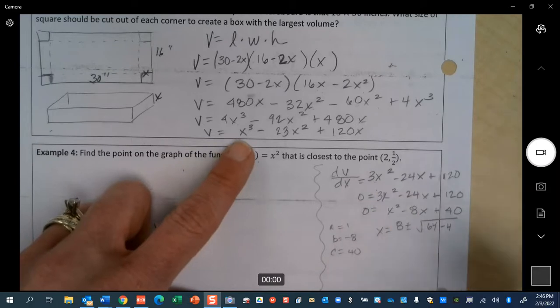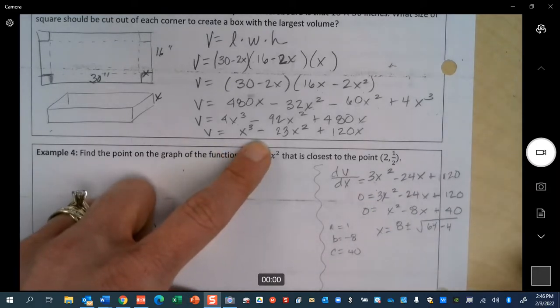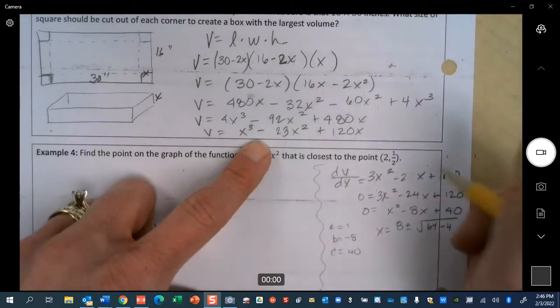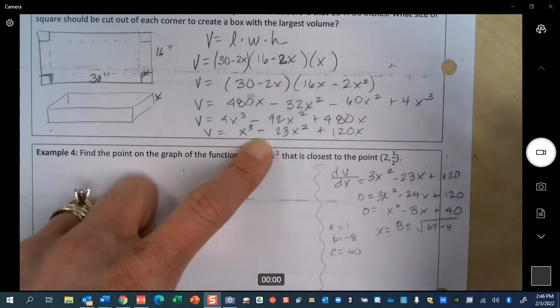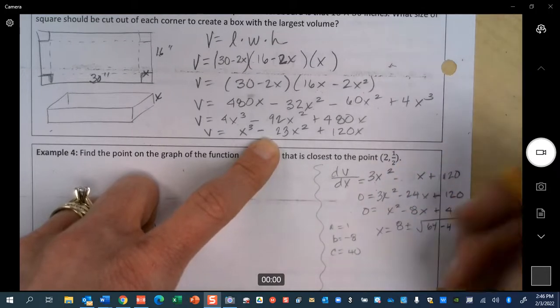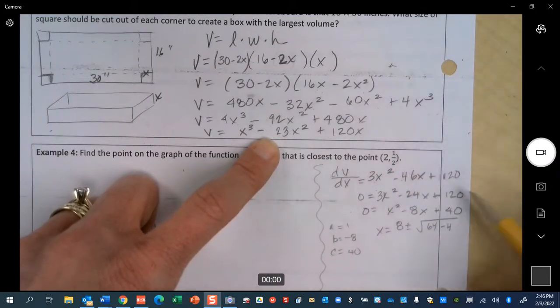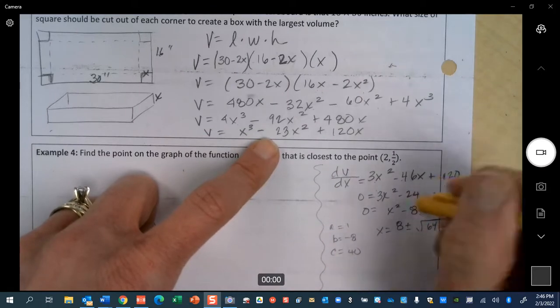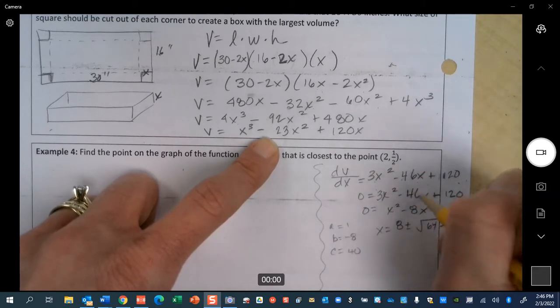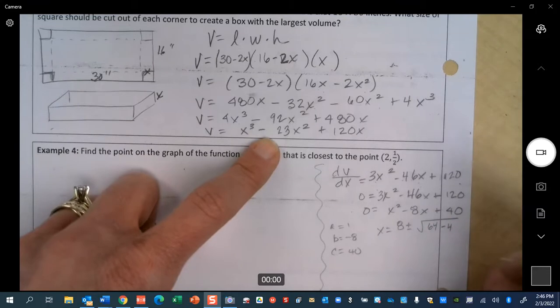So 3x squared minus, now it's 23 x's, no, because 2 times 23 is 46, right? Plus 120. I can't divide by 3 anymore, so I'm going to have to change all my... So this is going to stay 3x squared.